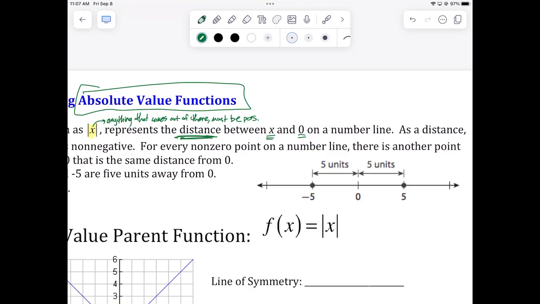So for instance, what would be the absolute value of negative 5? 5, because how far is negative 5 from 0? 5 units. What would be the absolute value of positive 5? 5, because how far is 5 from the origin? 5, okay? So positive and negative numbers have the exact same output.